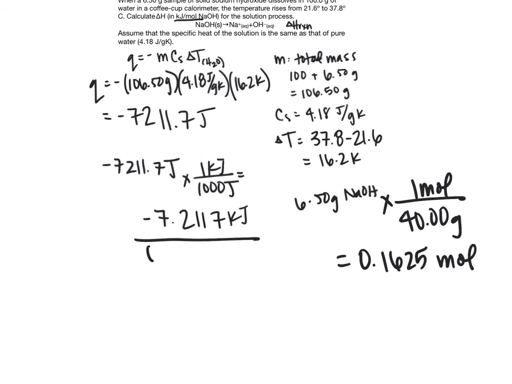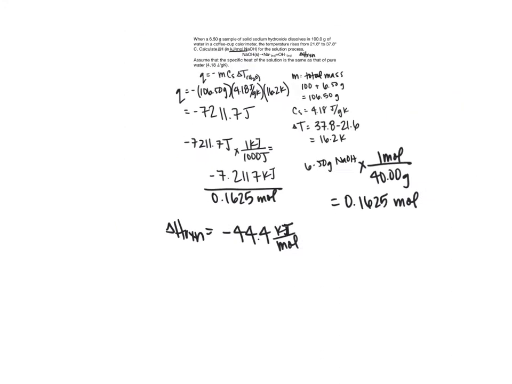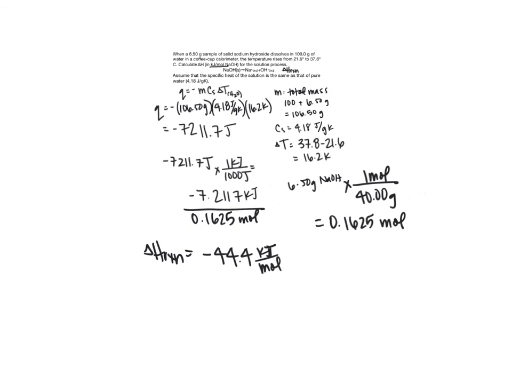When we divide by that, we'll be able to calculate the delta H reaction, and it's going to be negative 44.4 kilojoules per mole. And so in calorimetry, we can really calculate delta H reaction, but we're going to have to convert the heat that we calculated into heat per mole. So delta H reaction is almost always in heat per mole, so kilojoules per mole or something like that.